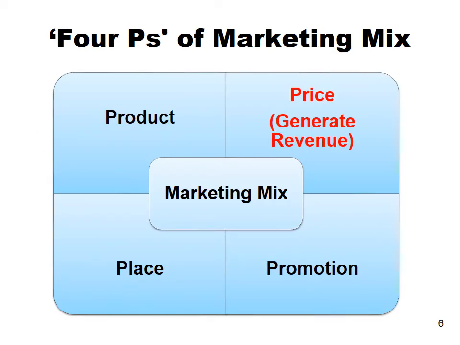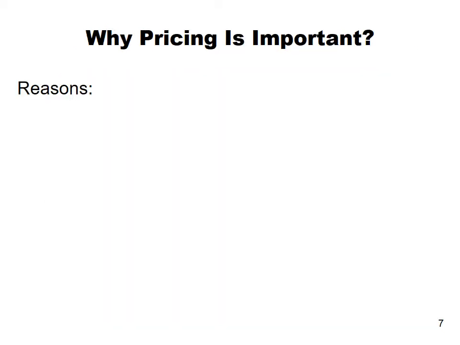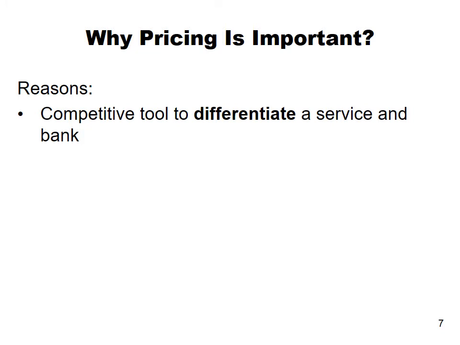These are the 4 P's of the marketing mix: product, price, place, and promotion. Price is the only one that generates revenues. It is the competitive tool to differentiate a service and a bank.